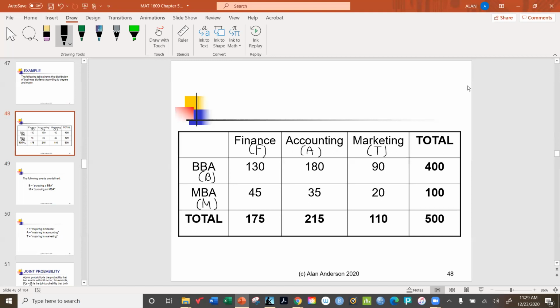So we're going to start out by introducing a concept called a joint probability. This is the probability that two events are both true.